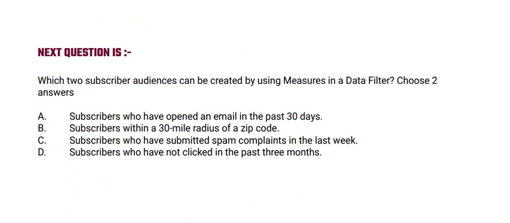Option B, subscribers within a 30-mile radius of a zip code. Option C, subscribers who have submitted spam complaints in the last week. And option D, subscribers who have not clicked in the past 3 months. The correct option is option A and D.